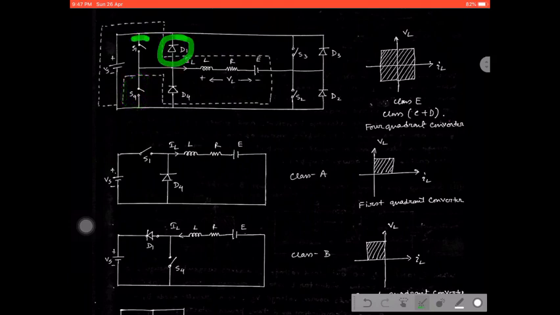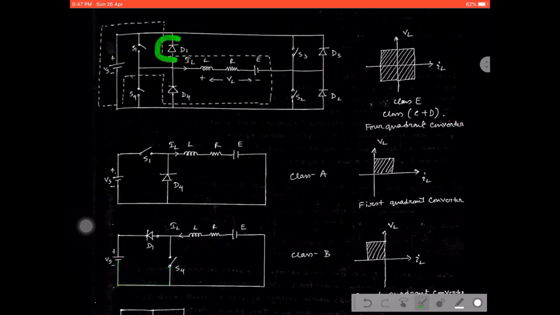That is the S4 switch, right, and the D1 diode. First we have taken the S1 switch and D4 diode, and for the Class B chopper we have to take the S4 switch and D1 diode. That means the S4 switch is connected to the negative terminal of the supply, right?